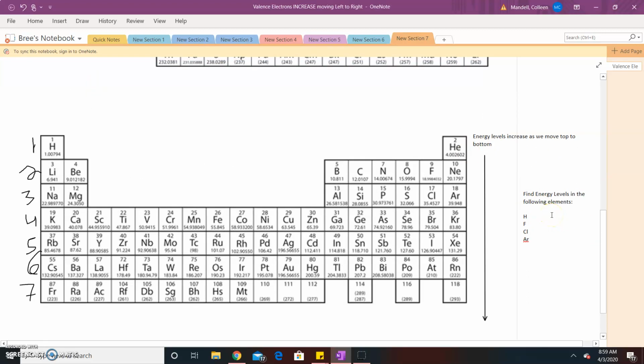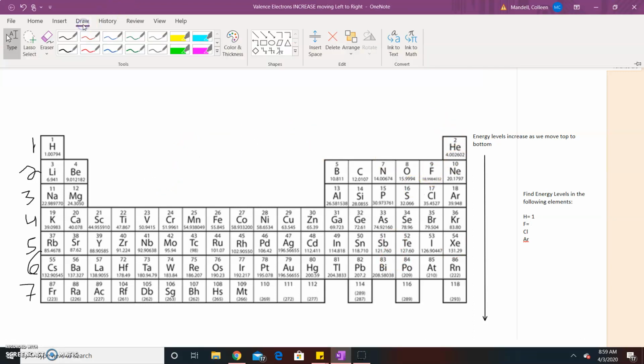So finding energy levels, first is H. I see H is in this first left to right period. I don't even need to really look. It's right next to the number 1. So H has 1 energy level. Next is fluorine. Fluorine is all the way over here.